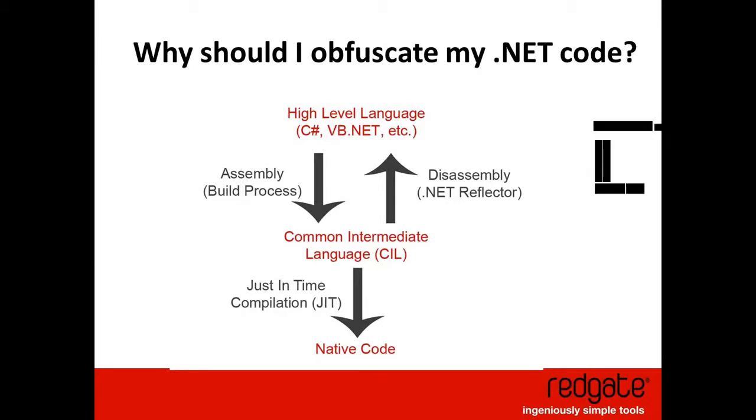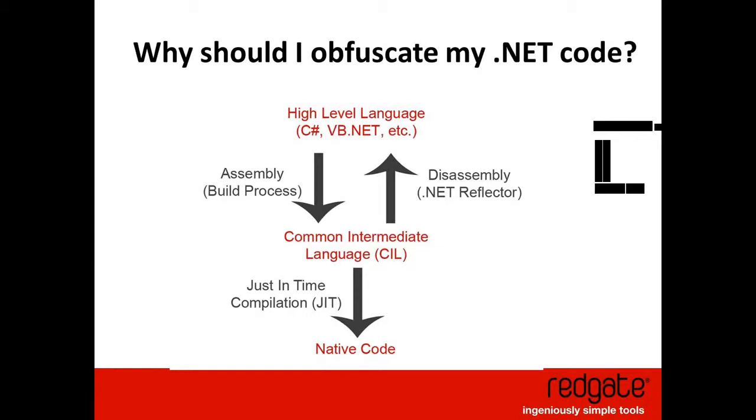And at runtime, the IL code is passed through the just-in-time compiler, generating code which can be executed by the machine CPU. The problem is that the IL code you distribute is very easily decompiled back into the original high-level language it was written in, exposing the entire source code of your application to anybody who wants to see it.